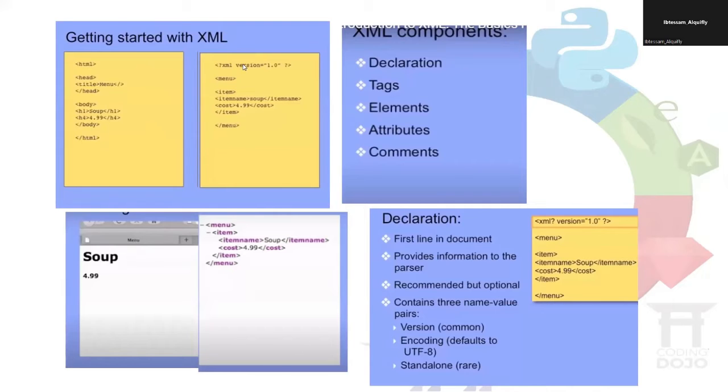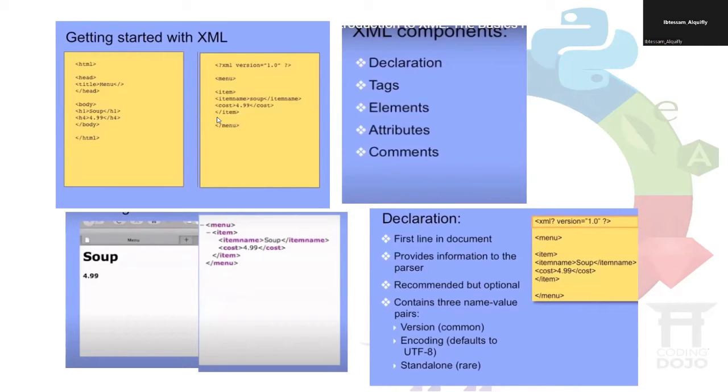The XML format is very similar. We identify that this is an XML page, and this is the version of the XML. Sometimes we also add what kind of encoding we are using. Here you can see we have menu, items, item names, soup, and the cost for these items. We start with our tags and elements.